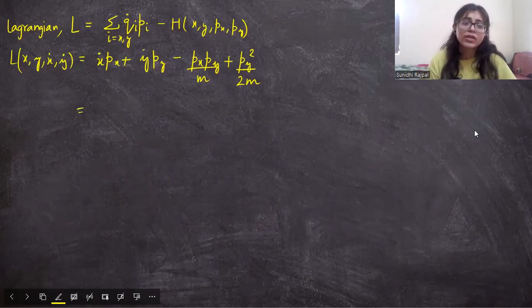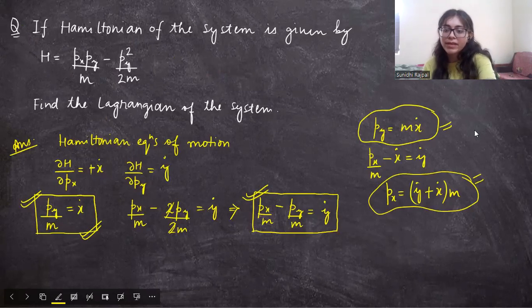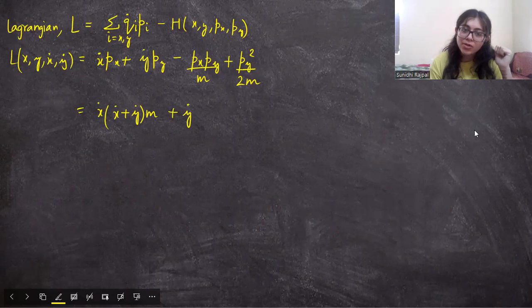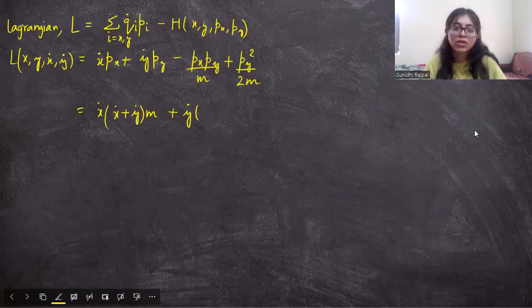Got it? Okay. So x dot will remain because it is allowed. I am allowed to put x dot in my equation. So px is what? Px is equal to x dot plus y dot into m. Y dot is allowed. Py के अंदर क्या? Py is m x dot.